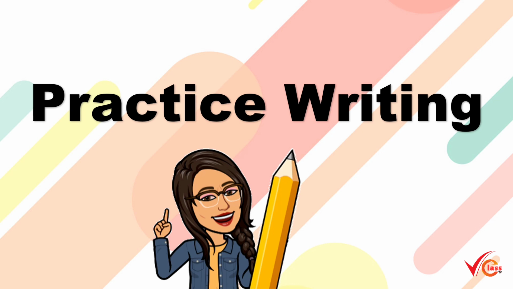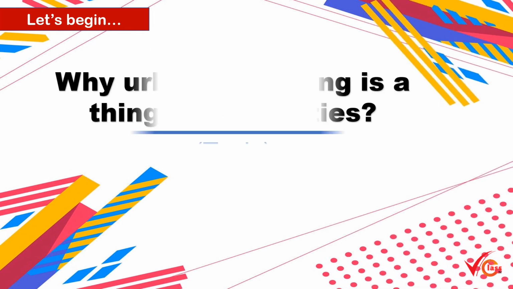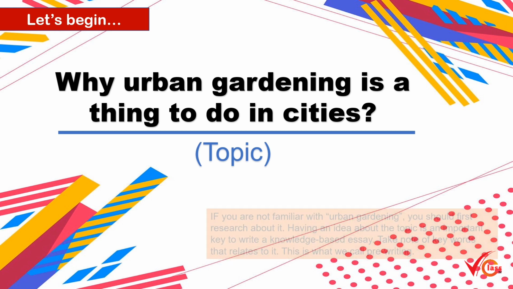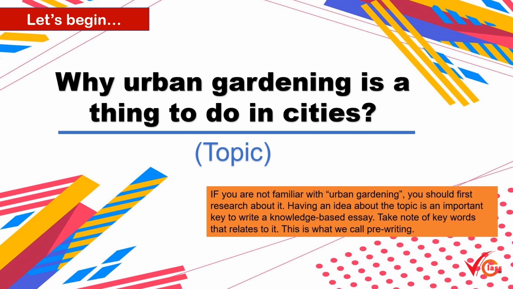Now let us proceed with practice writing. Let's begin with this topic, why urban gardening is a thing to do in cities. Oh, that must be a very interesting topic. But if you are not familiar with urban gardening, you should first research about it. Having an idea about the topic is an important key to write a knowledge-based essay.